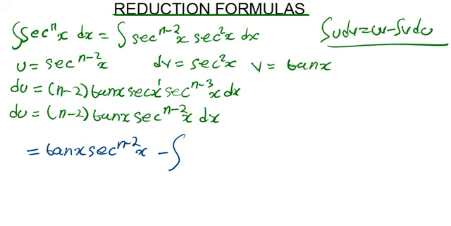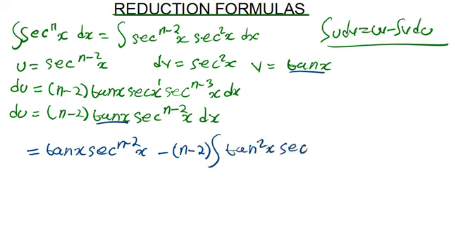I'll bring it outside in advance, your n minus 2, then the integral of you have your tan here, and another tan here. They're multiplying each other, so you're going to have your tan squared of x, then your sec n minus 2 x dx.